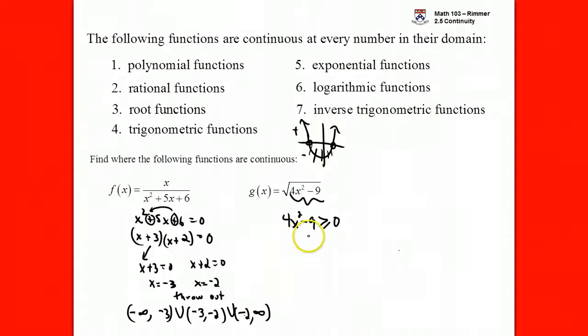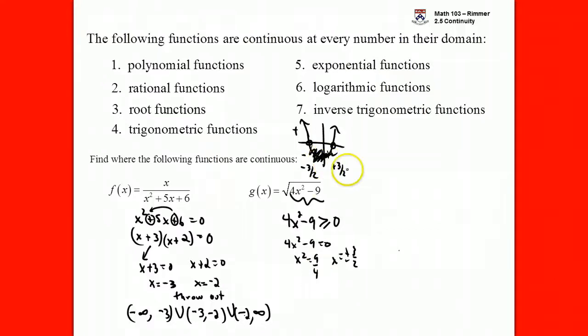And so where is it equal to 0? Now we could do that algebra and say that x squared is 9/4, or x is plus or minus 3/2. Okay, so negative 3/2 and positive 3/2. I just have to avoid being in between there because my parabola would be negative, my square root would be negative.